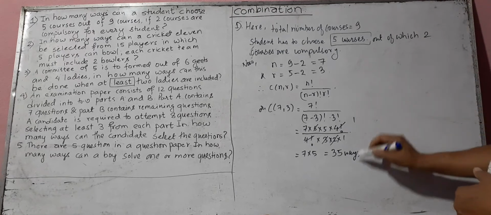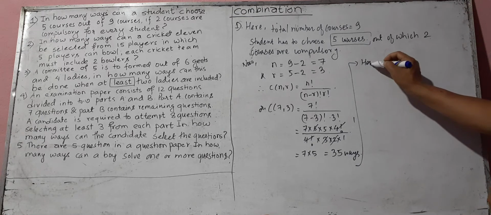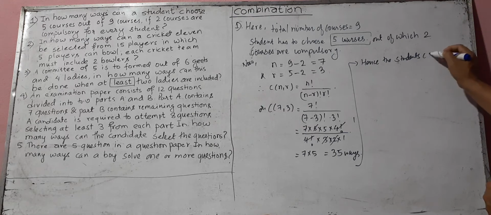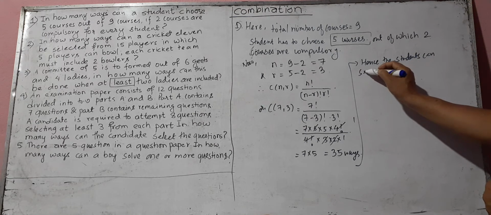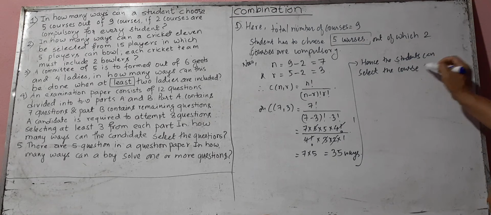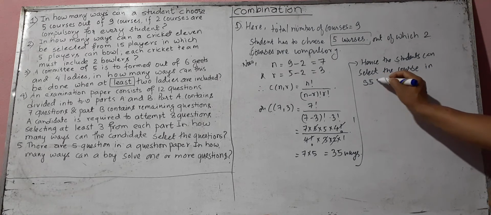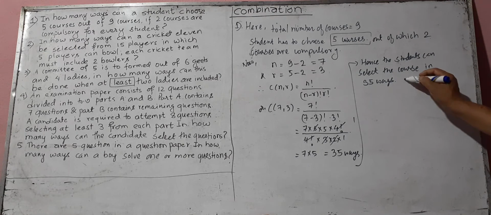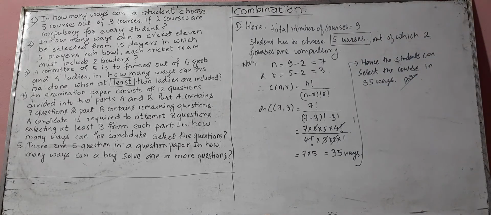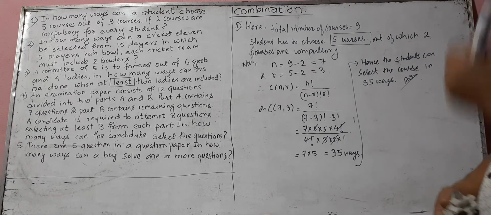So hence the student can choose the courses in 35 ways. This completes the solution of the first question.